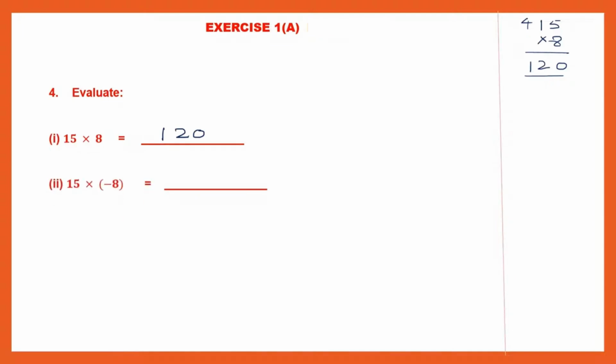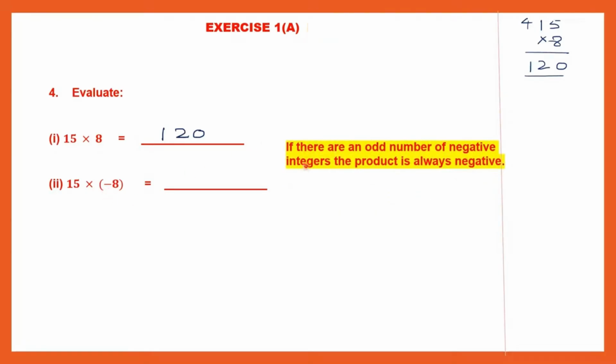Second question, 15 into minus 8. Now here we have a negative integer. There is one negative integer, the other is a positive integer. Now we are going to focus on the negative integers. Now what does this say? If there are an odd number of negative integers, the product, means the answer that you get when you multiply, is always negative.